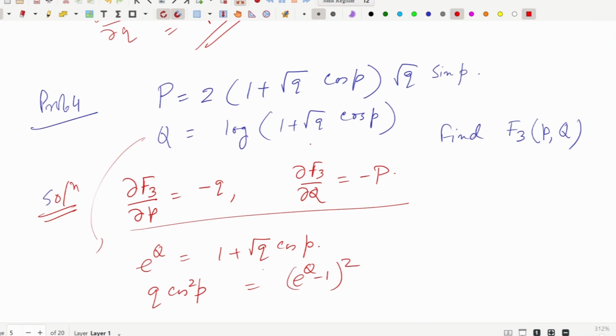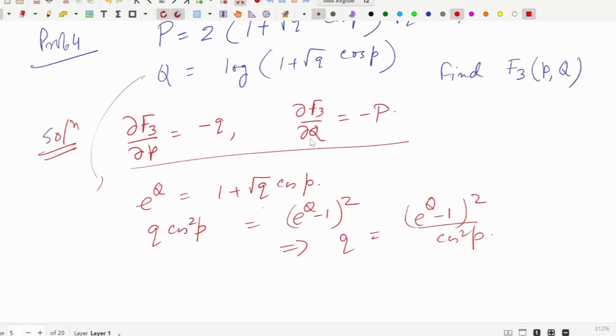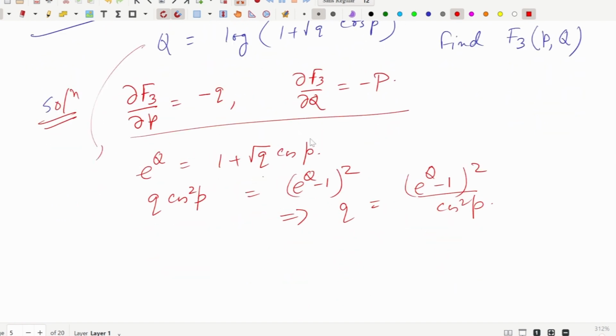Okay. So q cos square p equals e to the power Q minus 1 whole square. So this implies q equal to e to the power Q minus 1 whole square by cos square p, and you remember p and Q are independent. So this whole factor in the numerator can be taken out of the integration. So now I use this. So del f3 del p will be minus e to the power Q minus 1 whole square by cos square p.